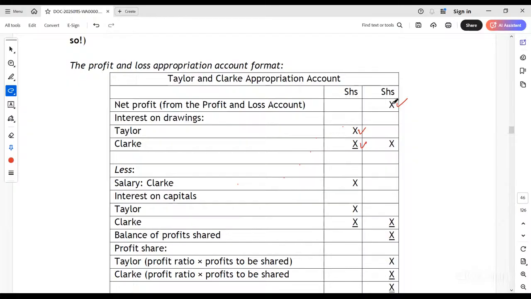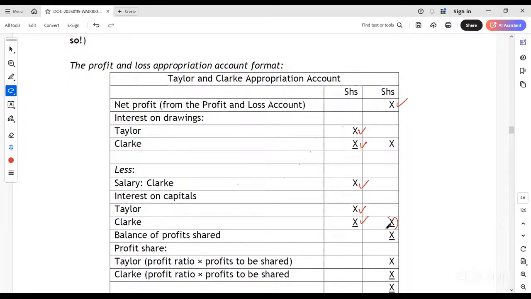In the case there is any salary, then we have to less the partners' salaries. Partners' salaries are deducted from the net profit when we are appropriating those profits. Then interest on capital. The interest on capital should also be shown as a deduction.